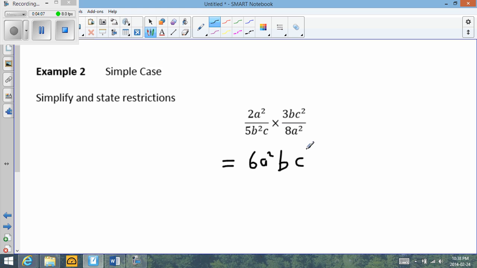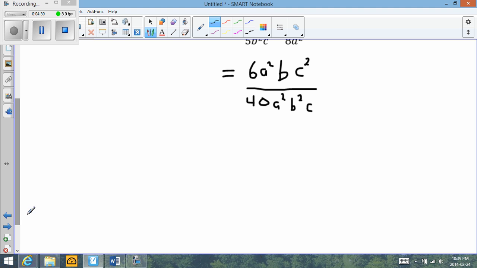Okay, the denominator. So before we cancel anything out, we're doing top times top, bottom times bottom. The denominator, 5 times 8, you're going to get 40. A squared, so that's the only A term, and I'll just put it in the order of A, B, C. A squared, B squared is left there, and C. Okay, can that reduce?